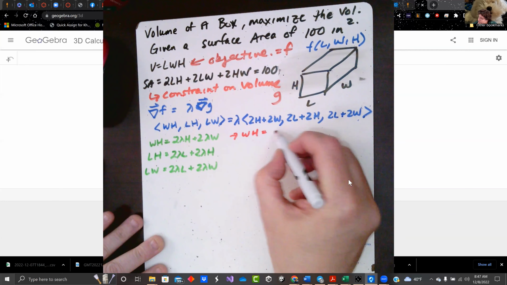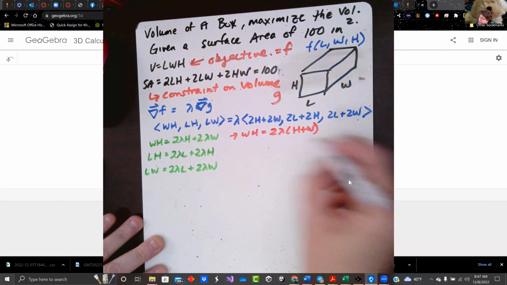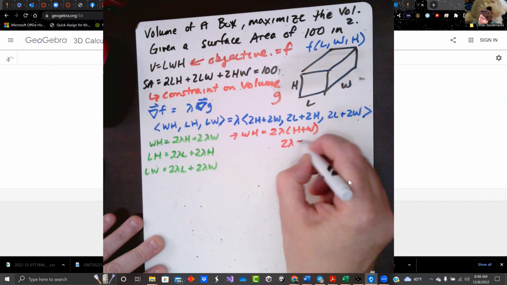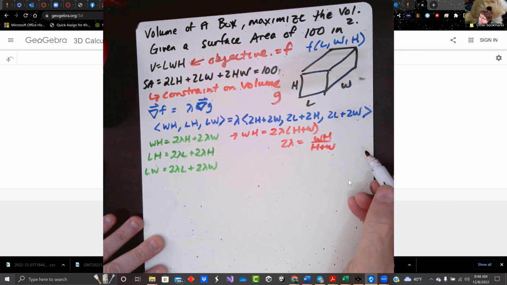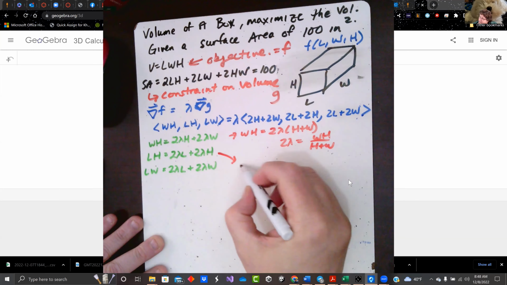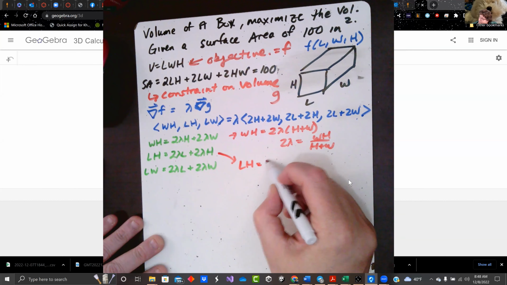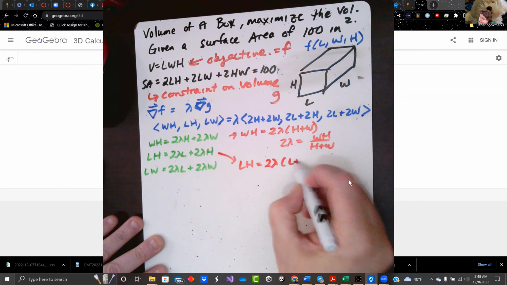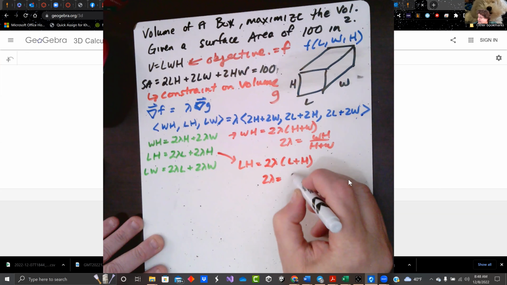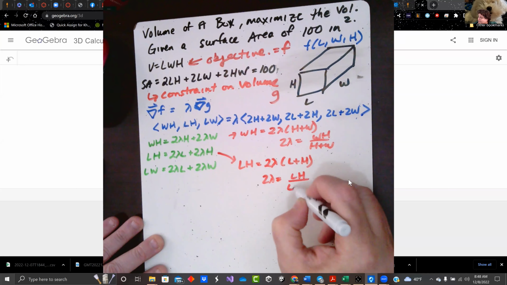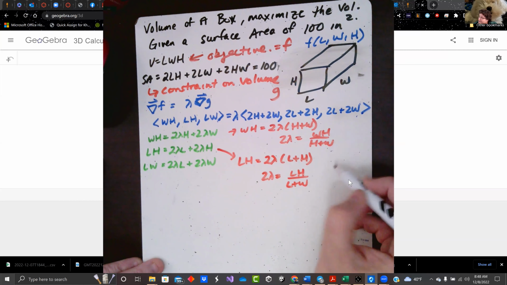WH equals 2 lambda times H plus W, so 2 lambda equals WH over H plus W. And if I do that here, LH equals 2 lambda times L plus H, so 2 lambda equals LH over L plus W. And I could set these equal to each other.